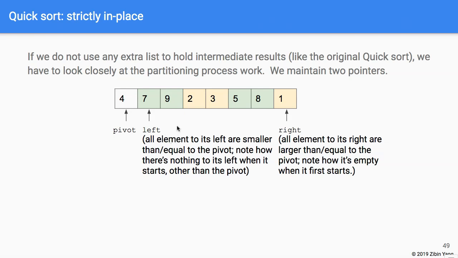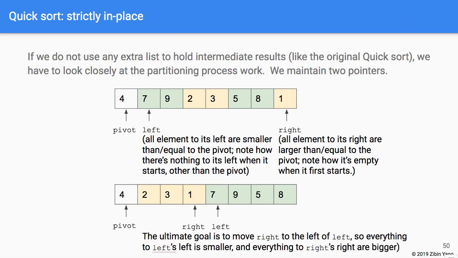Our goal is that we'll move the left pointer to the right and the right pointer to the left, such that we'll put all the elements in the right place.